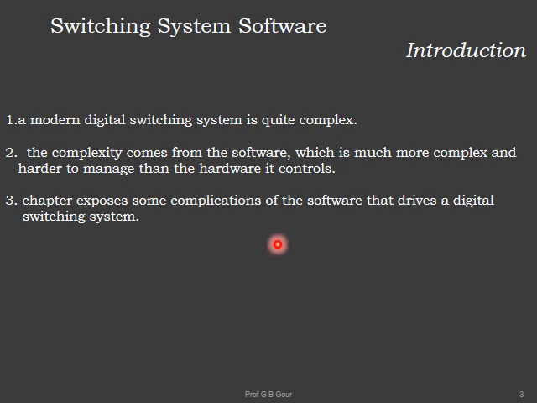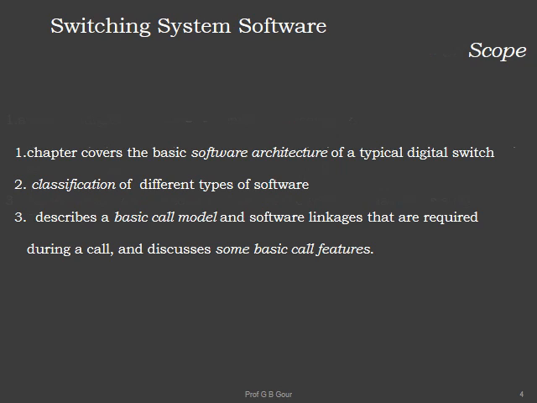So some kind of complications we are going to see here in this regard. Look at the scope. What we are going to learn here: the software architectures. Mainly we are going to focus on the architecture of this DSS software at three different levels, along with the classification of different types of DSS software, basic call model along with some call features.